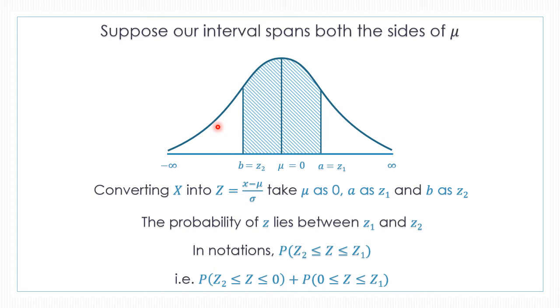So you will get from negative 2, that is z2, to positive 1, that is z1. At the time of the sums I will explain, but right now I'm just giving you an idea of how it is done. So if we have a probability which is on both sides of mu, then we just break it up into two parts and add both parts to get a single value. Simple as that.